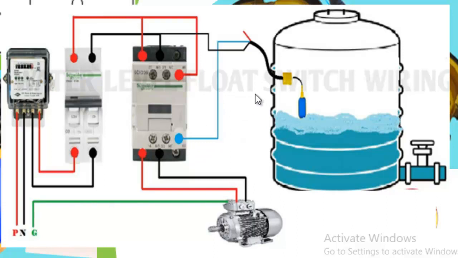Once the float switch is closed now, you will see that the circuit will now be closed to the contactor coil, and the contactor coil will be energized. Once it is energized, the contactor will close and supply power to your motor. Then as it is rising up, it will rise to a level.